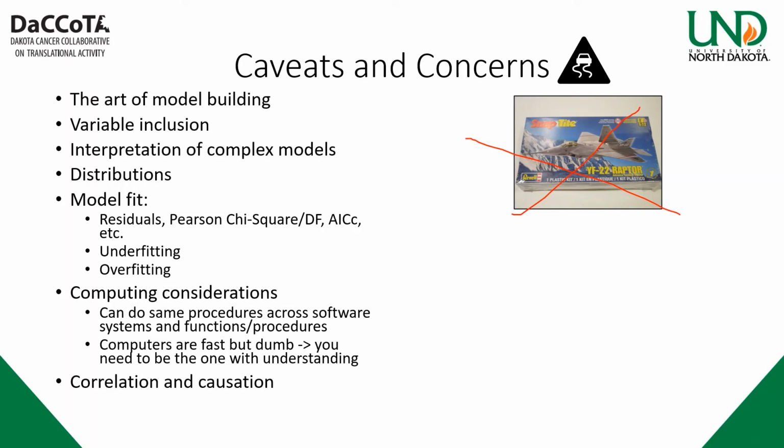Underfitting a model is including too few variables, so that it really doesn't predict very much. Kind of like our weight and height. The height-only model didn't really predict too much about weight, so we might want to include more variables.